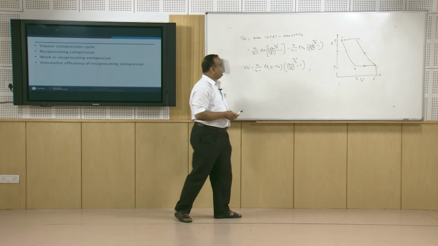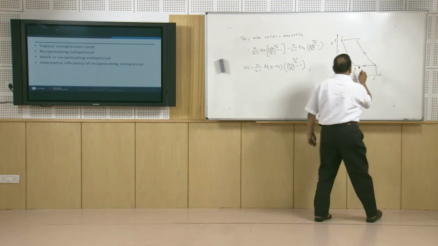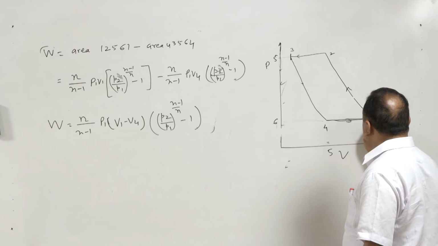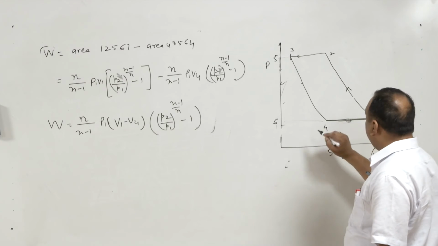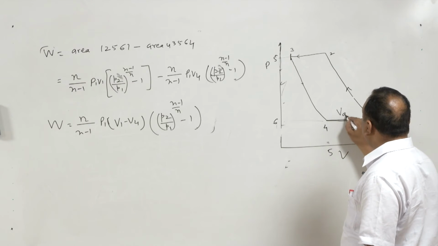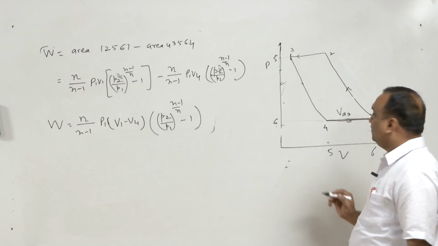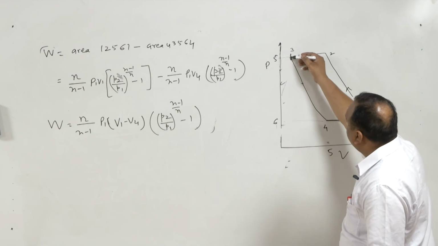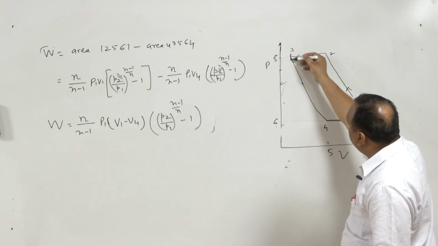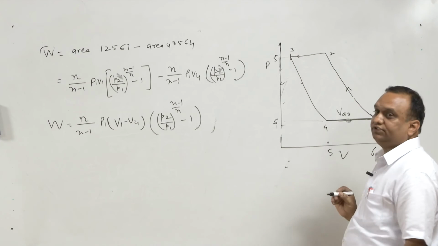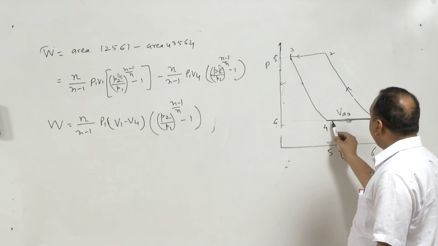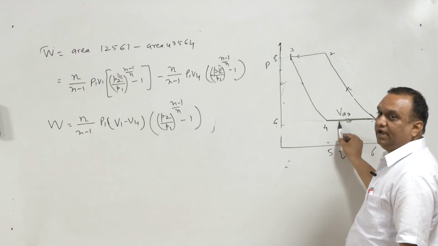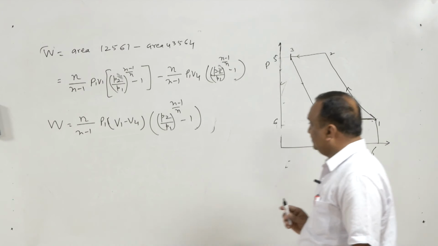So instead of having V1 in the previous expression, now we have V1 minus V4. This is the actual suction volume, often referred to as VAS, because in this process only suction of vapor takes place. In this process only expansion of high pressure vapor takes place and there is no suction of vapor. So if we shift the point in this direction, less and less vapor will get sucked into the compressor.